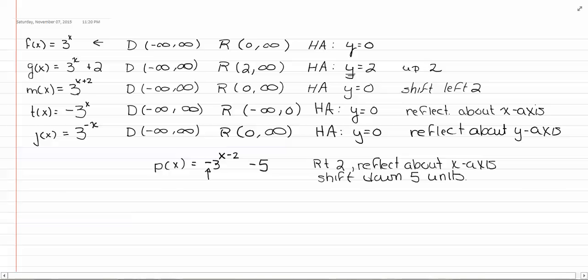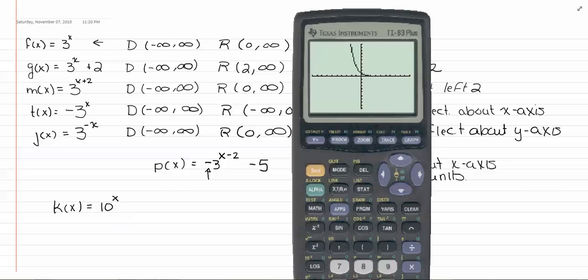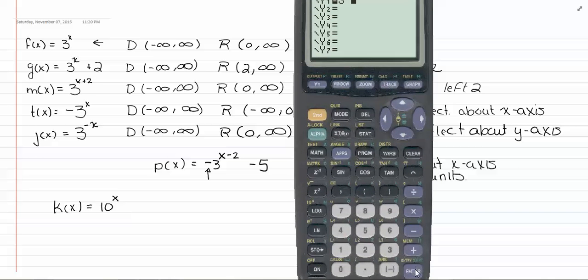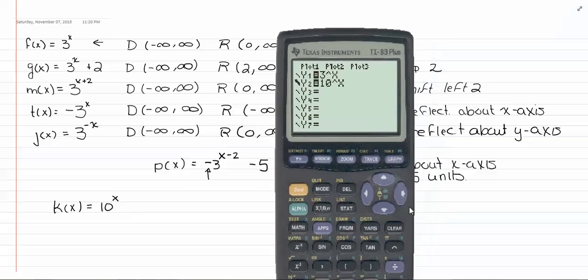If I change the base, instead of 3, I make it, for example, 10. So let's call it k of x equals 10 to the x. We can see how that changes. If I have just a 3 to the x, and I change it to 10 raised to the x power, and I can make it a little darker here, and then go ahead and graph this.